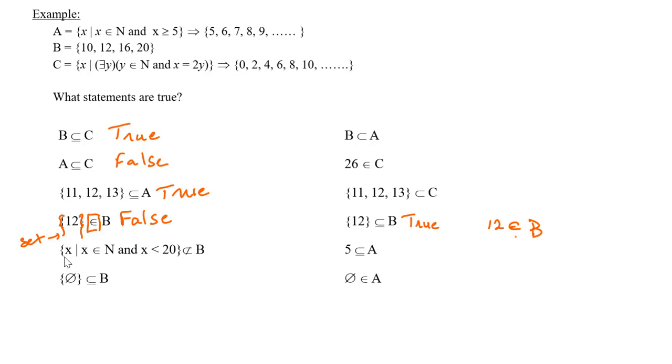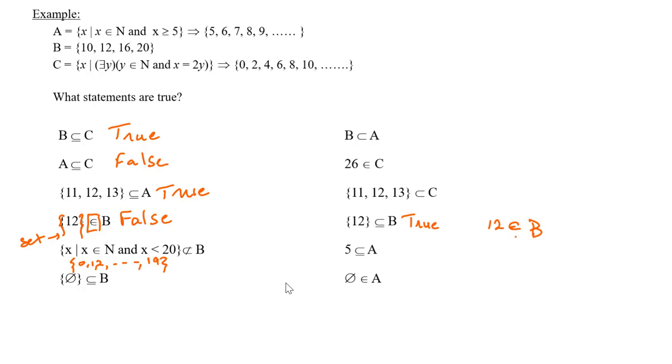So I'll continue here. X such that X is a natural number and it's less than 20. That means this can be 0, 1, 2 all the way to 19. And indeed B, 10, 12, 16, is a subset of 0, 1, 2 all the way to 19.